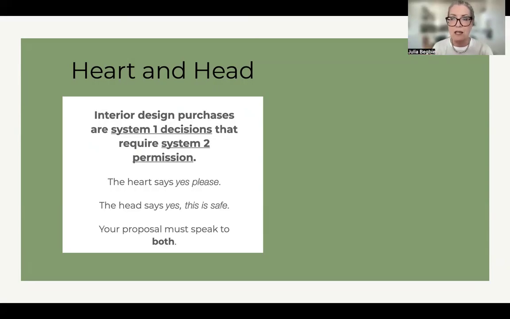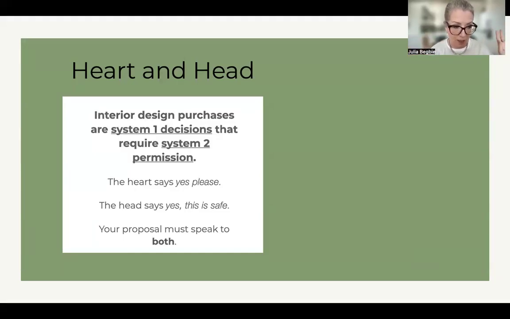So your presentations, your sales pitches to your clients have to contain both System 1 compelling material and System 2 practical, logical, technical strength as well. You have to hit both.